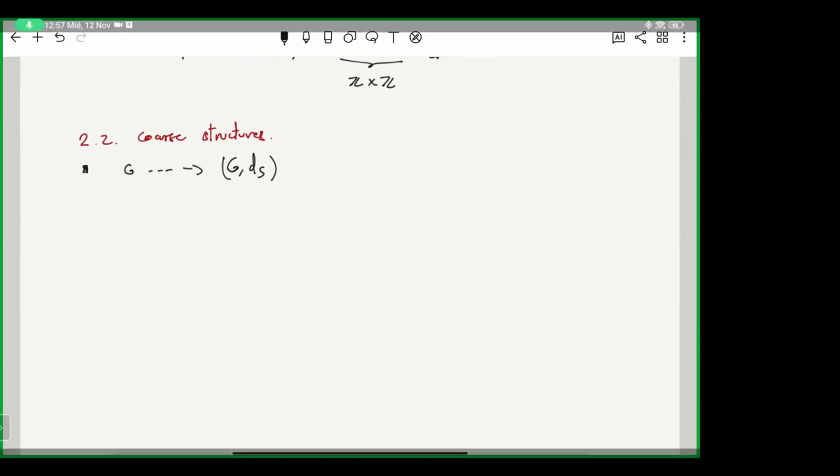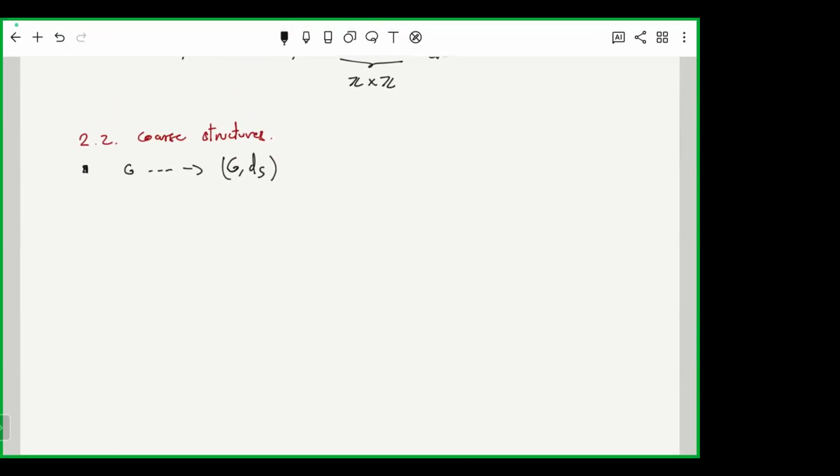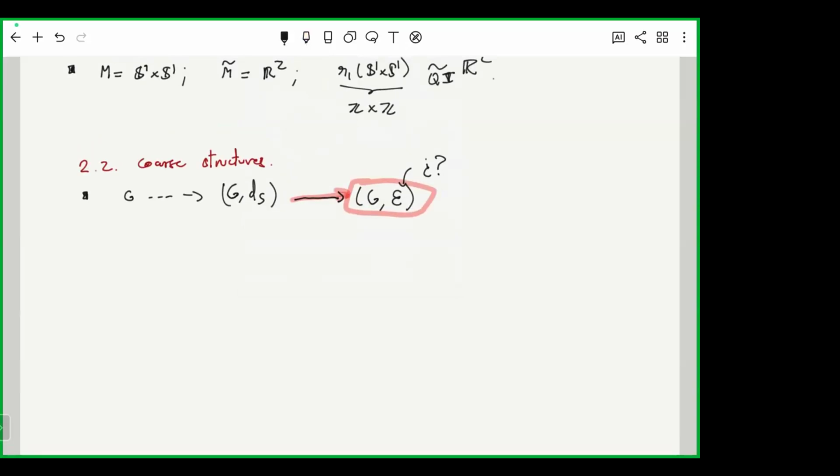Yes, great. So I would like to formalize these ideas even further and then associate to this a weaker structure, which encodes the large-scale geometry.